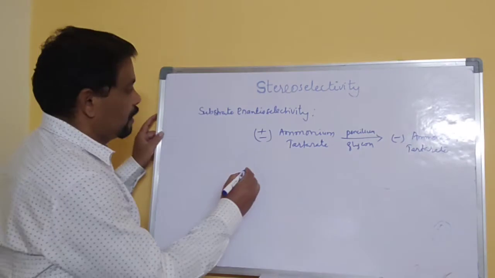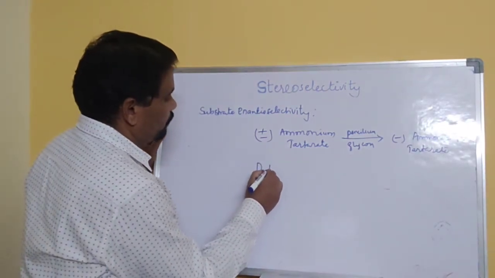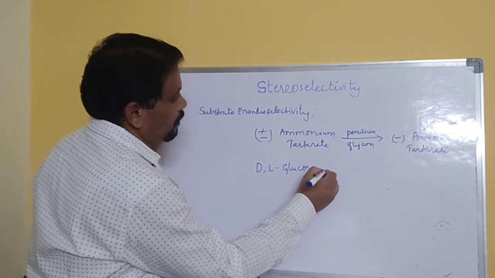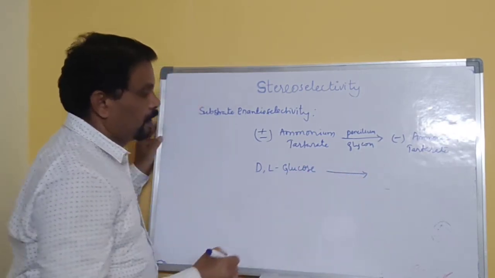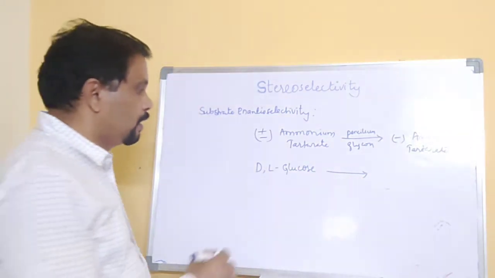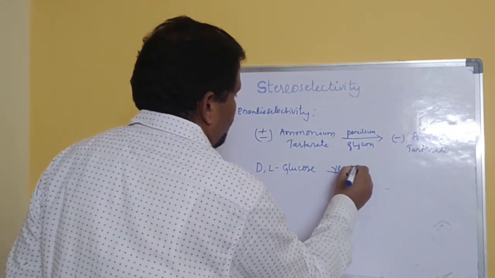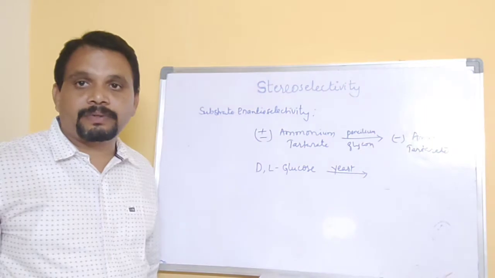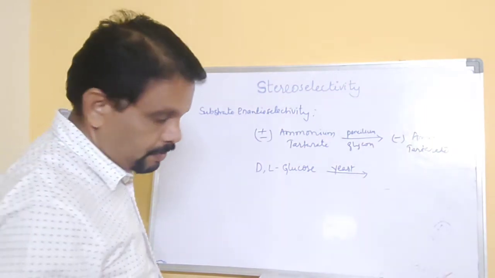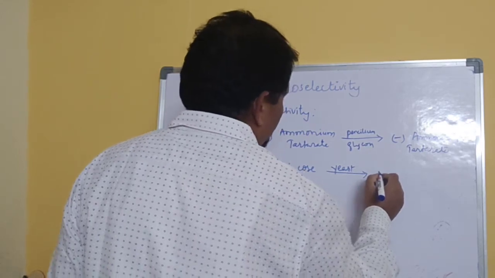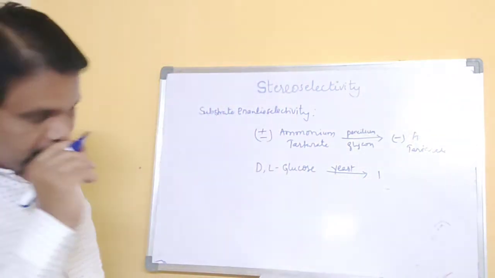The next one: DL glucose. If you react DL glucose with baker's yeast, you will get only L glucose.